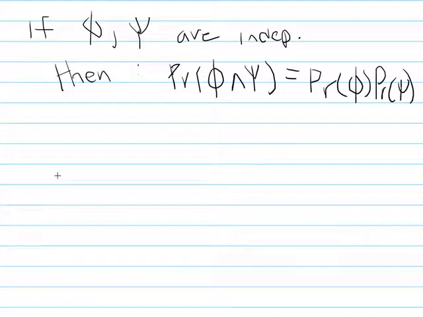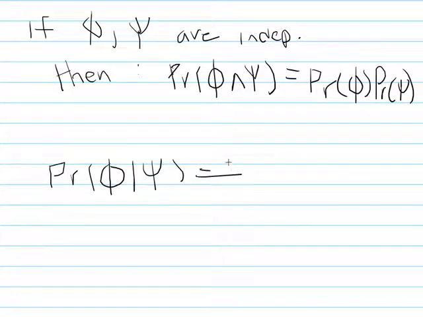Well, we can give a simple account of that using the notion of conditional probability we have. So intuitively, independence means that the truth of one does not influence the truth of the other. So what that means is that if two sentences phi and psi are independent, then the probability of phi given psi will actually be the same as the probability of phi.